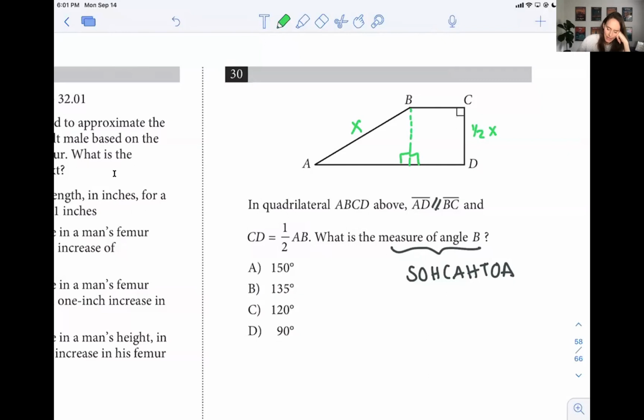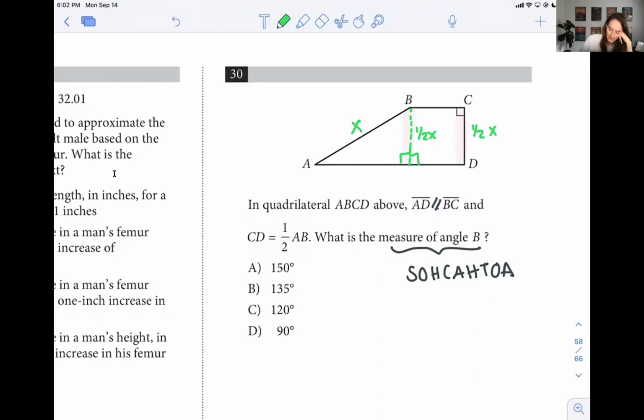And then I'm going to say that this is also a half x, because those two lines, BC and AD, are parallel. So I can assume that the line that I drew right here is the same length as that line. There is no disclaimer that the figure is not drawn to scale, so we can assume that what we're seeing is accurate.